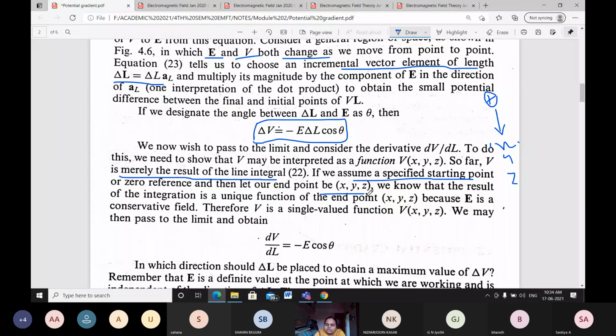In the previous cases we learned what a conservative field means: wherever it goes, it comes back to the original position only. Simple line you can write.